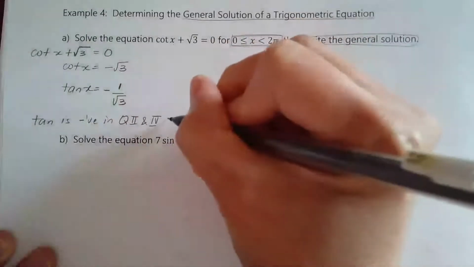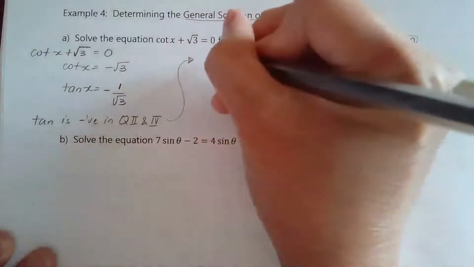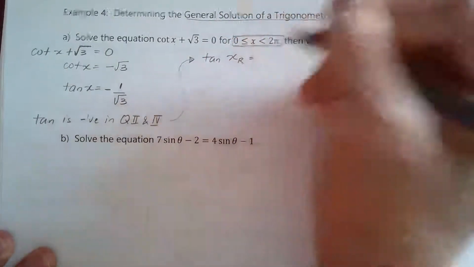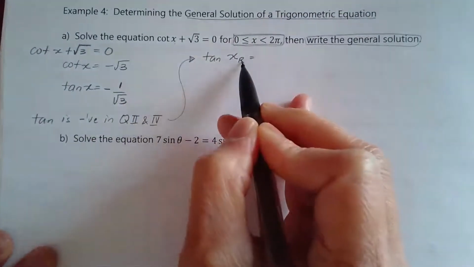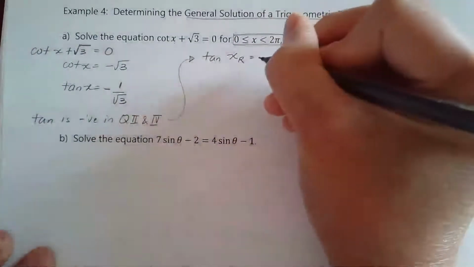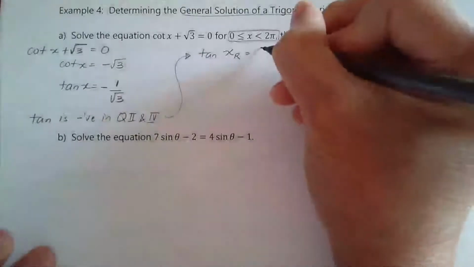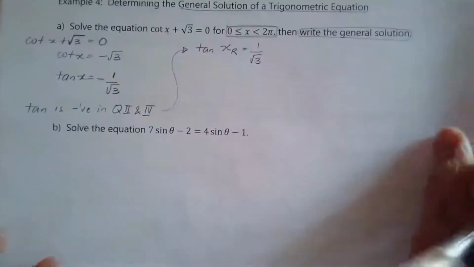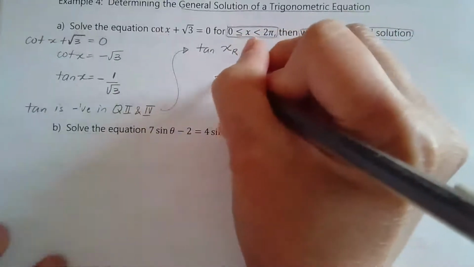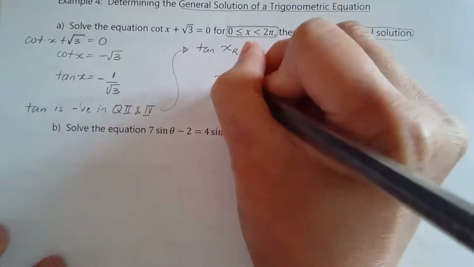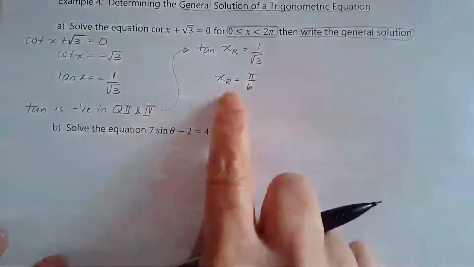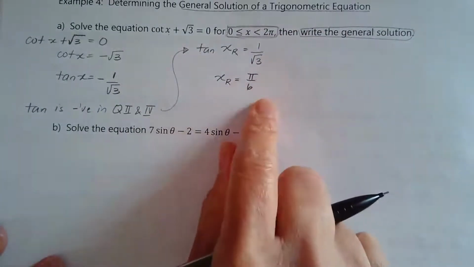So what we're going to do is look for tangent of the reference angle, x. If that's the reference angle, I'm just going to do the 1 over root of 3, and that will give us pi by 6. So our reference angle is pi by 6.